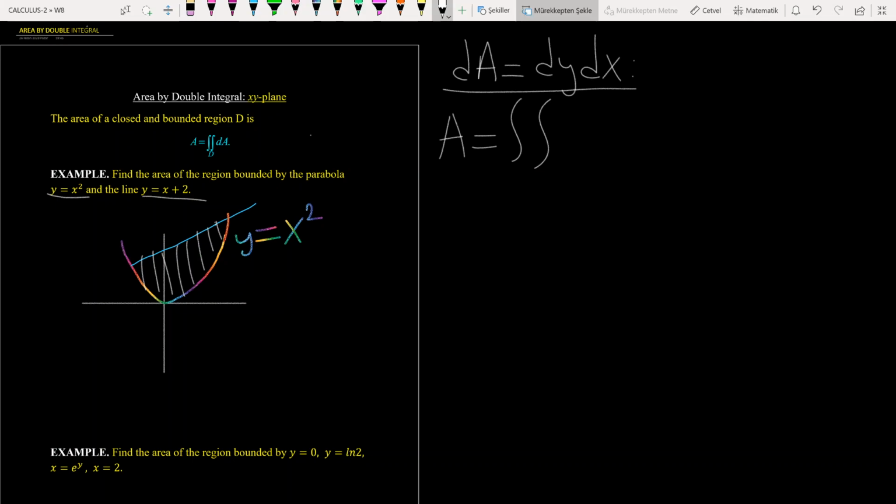So for dA you write dy dx. What about the limits of integration?